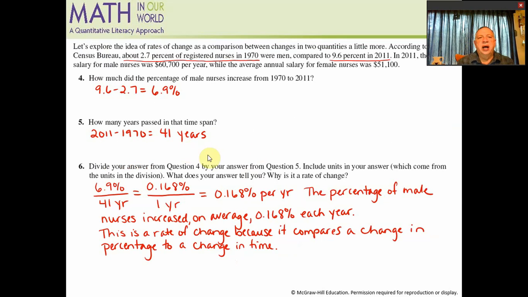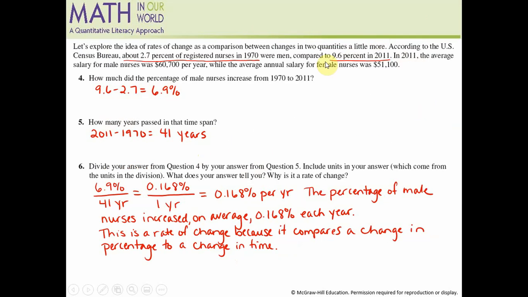So let's explore the idea of rates of change as a comparison between changes in two quantities a little more. Now I'm going to get rid of me so I won't be in our way. According to the U.S. Census Bureau, about 2.7% of registered nurses in 1970 were men, compared to 9.6% in 2011.